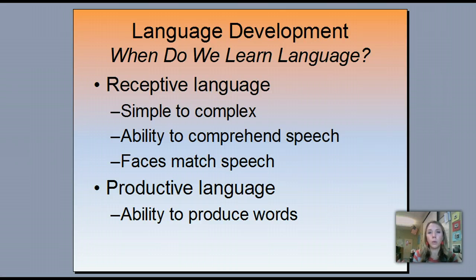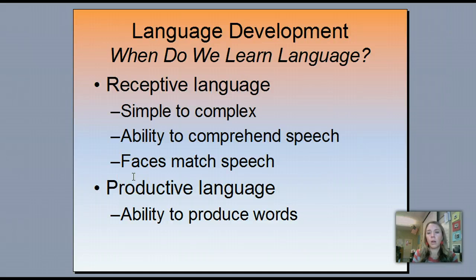Receptive language goes from very simple to complex as we develop, and it's our ability to comprehend speech. We are able to receive language much earlier in age than we are able to produce it. Children as young as 2, 3, 4 months, or 6 months, like faces that match speech.